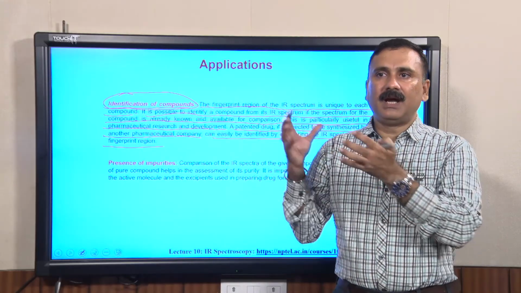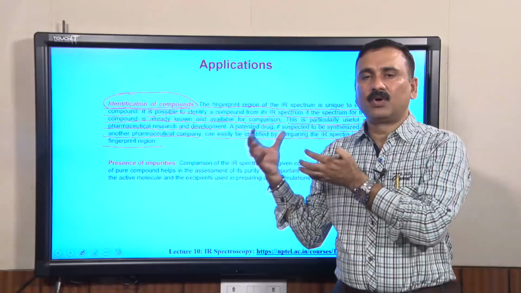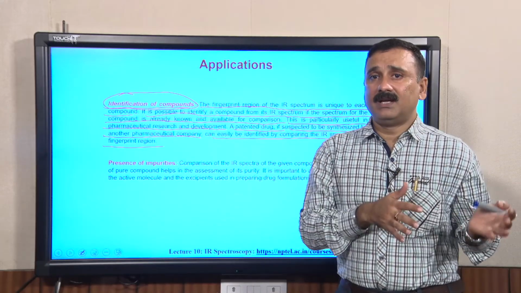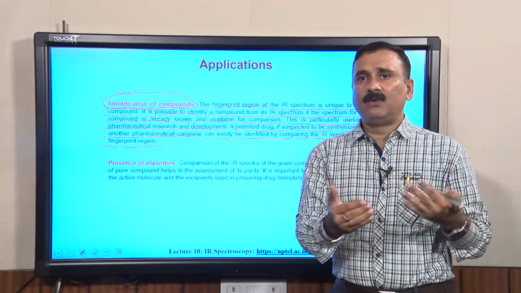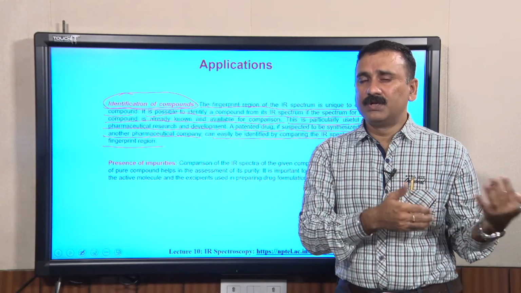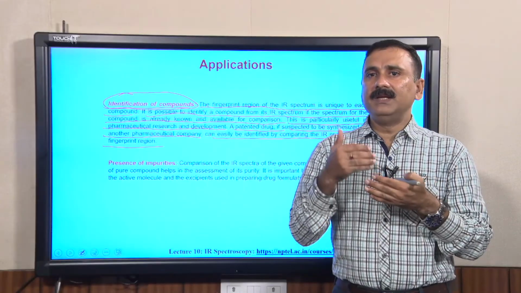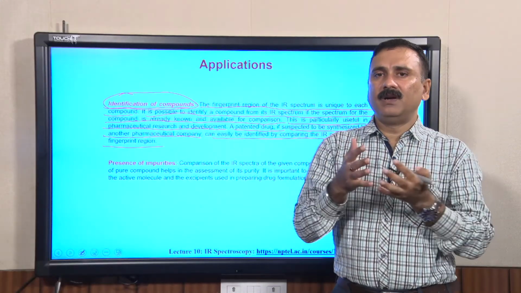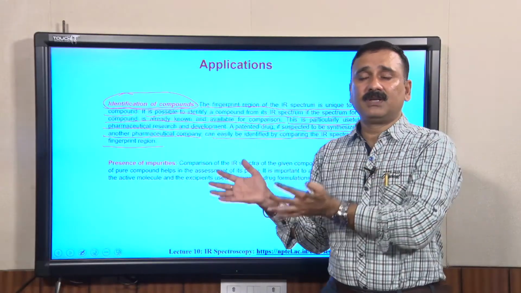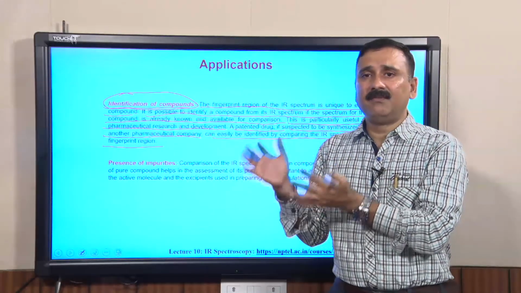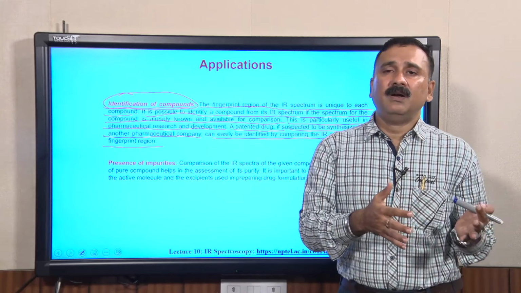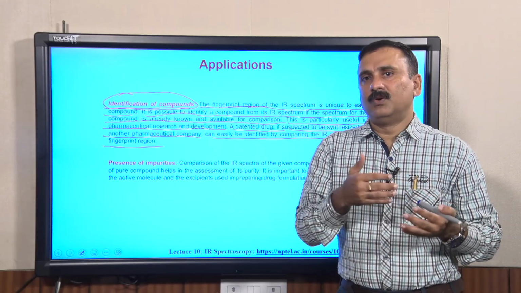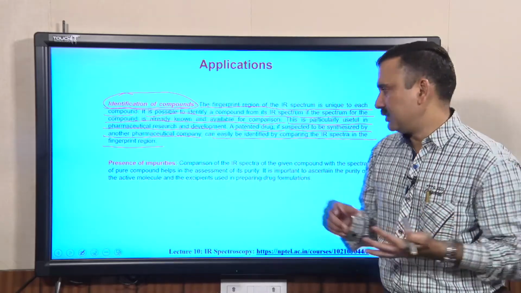You can procure that tablet, do a fingerprint analysis in the IR region, and compare it with your compound. That will easily tell you whether the two compounds are the same or different, because if the other company is synthesizing the same compound without permission from the previous company, you will be able to find that out.